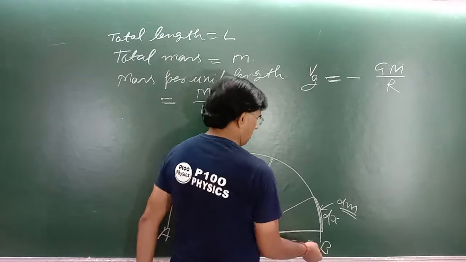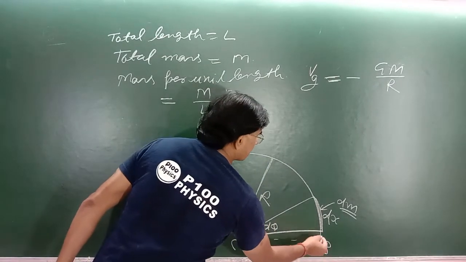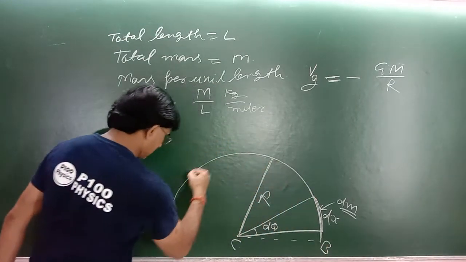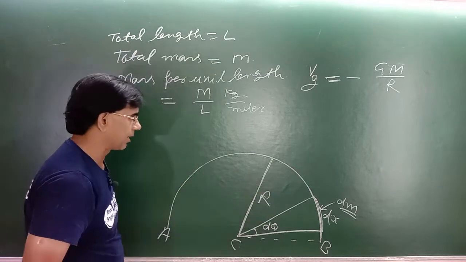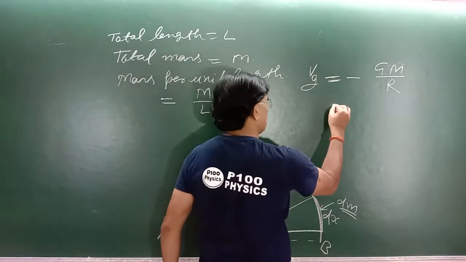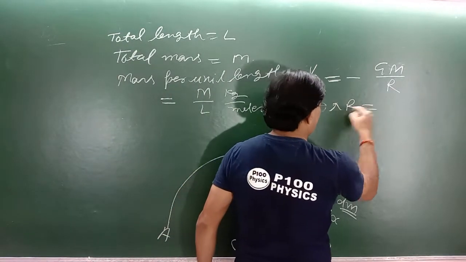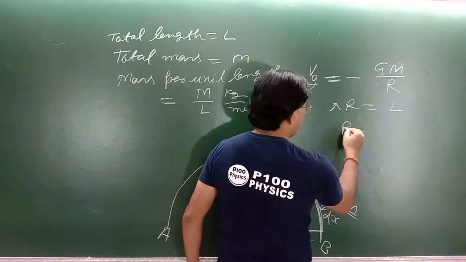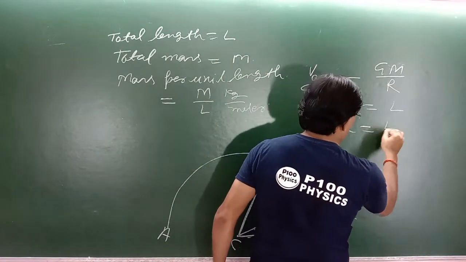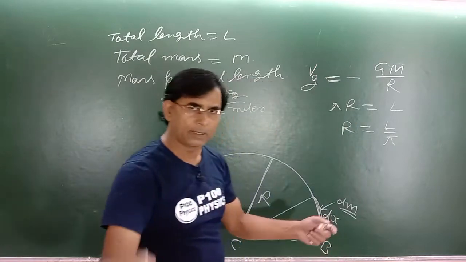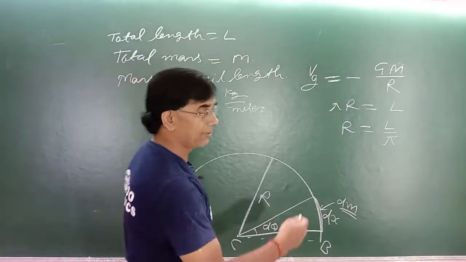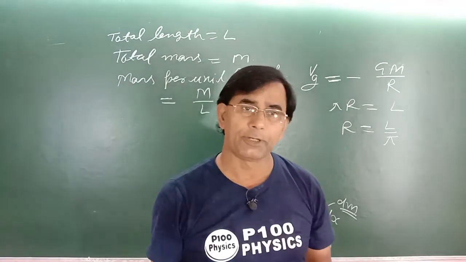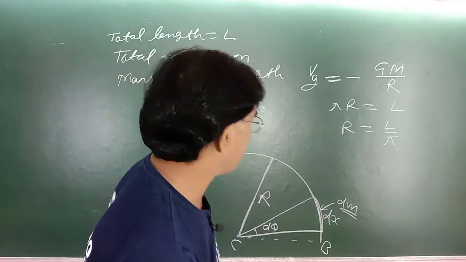Since the circumference of the semicircle equal to pi R equal to L, therefore R will be equal to L by pi. Very simple. In the single step the answer will be the same, either by the integration process or directly.